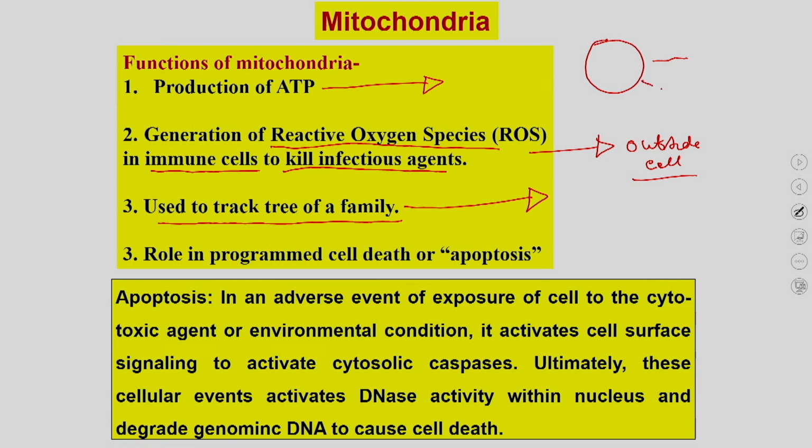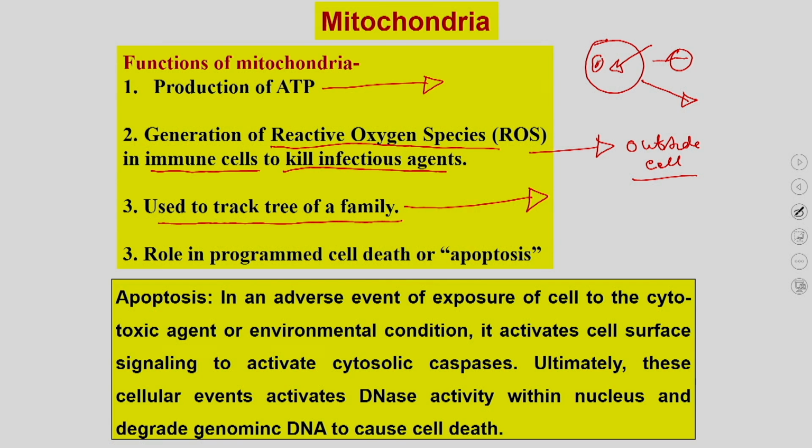After fertilization the mitochondria present inside the sperm is lost, because only the nucleus goes inside the ovum, whereas the ovum contains the mitochondria, and that mitochondria continues from one generation to many generations. Because of that, if you follow the mitochondria, you can track the family tree.